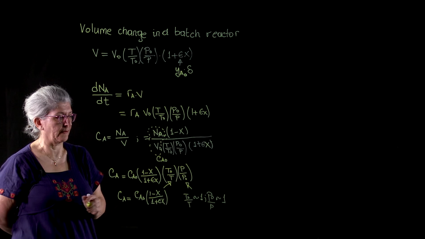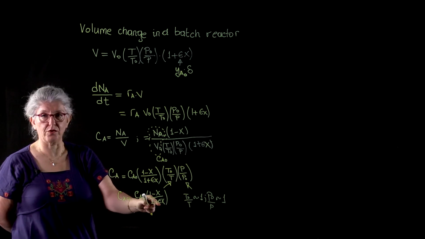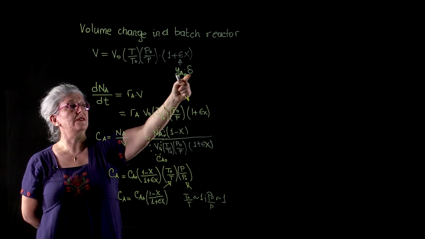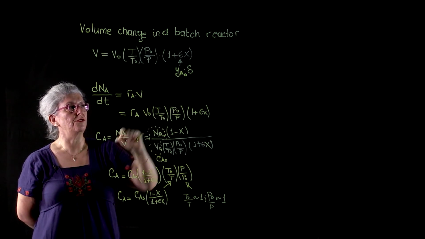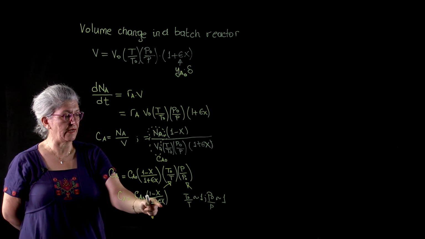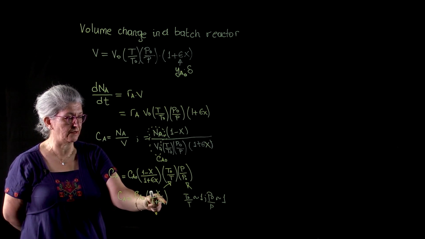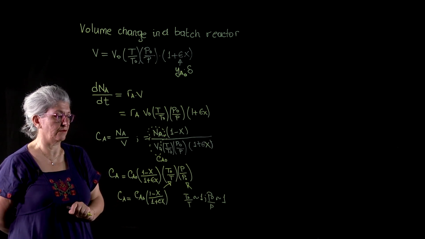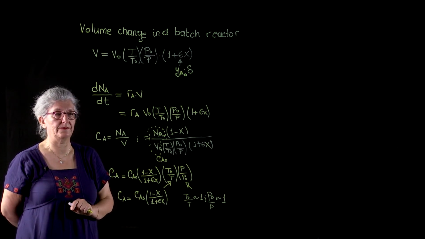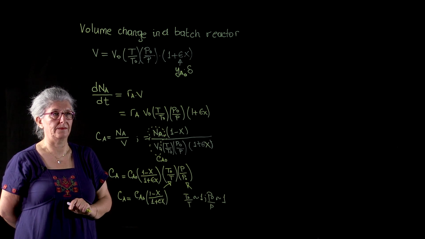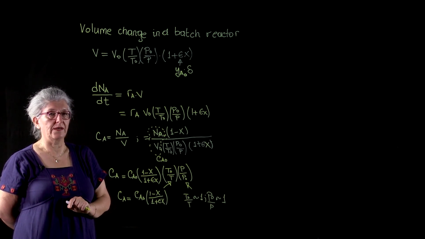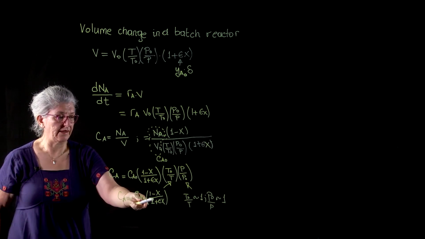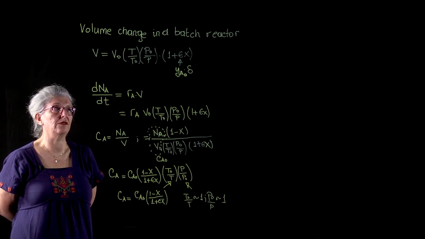And if there is no volume change, in other words, if there is a zero net stoichiometric coefficient, the epsilon term will disappear, and our CA is going to be CA0 times 1 minus x. And we are going to solve the species conservation equation by taking the epsilon into consideration.